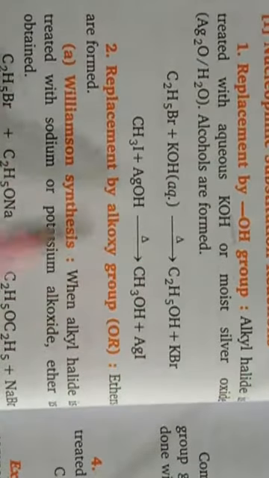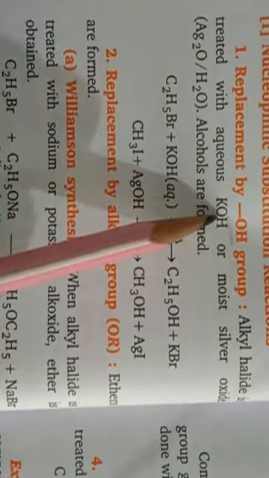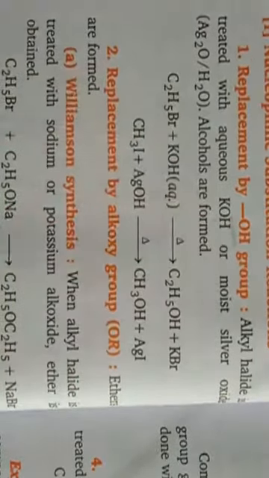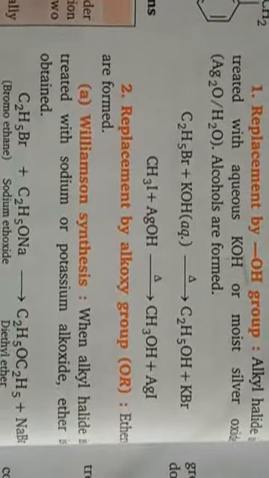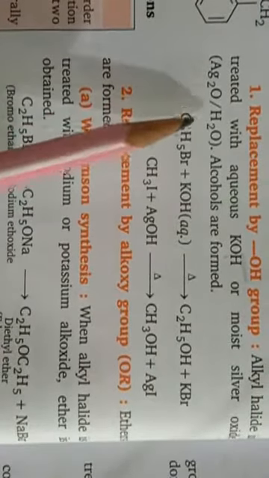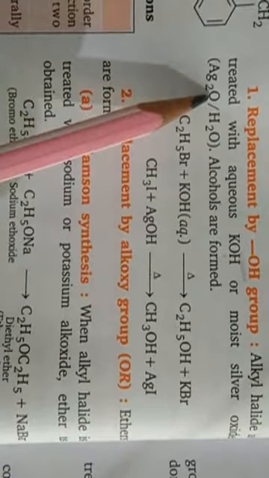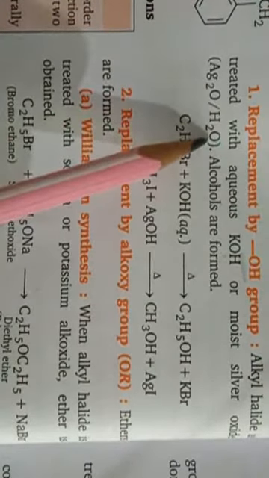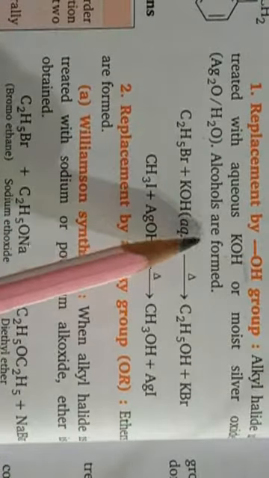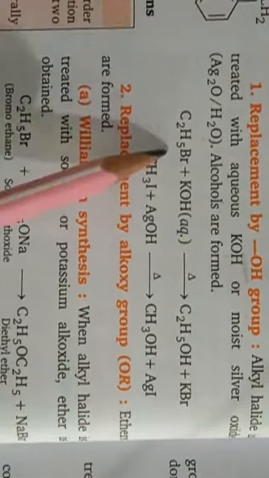For this, alkyl halides are reacted with aqueous KOH or moist silver oxide, and this moist silver oxide will be Ag2O plus H2O. The product which will be formed here is alcohols. So an example is given here.